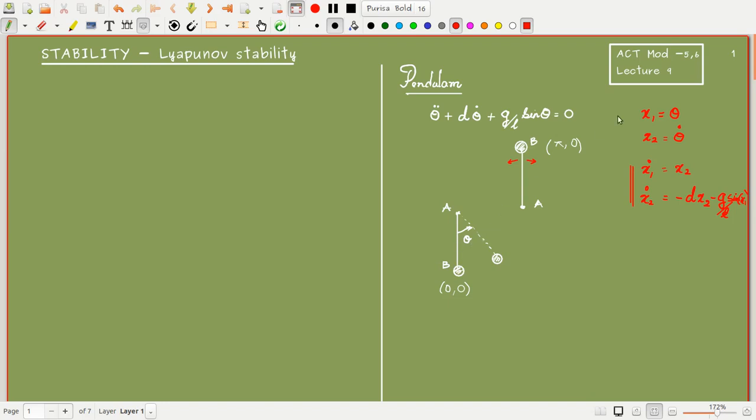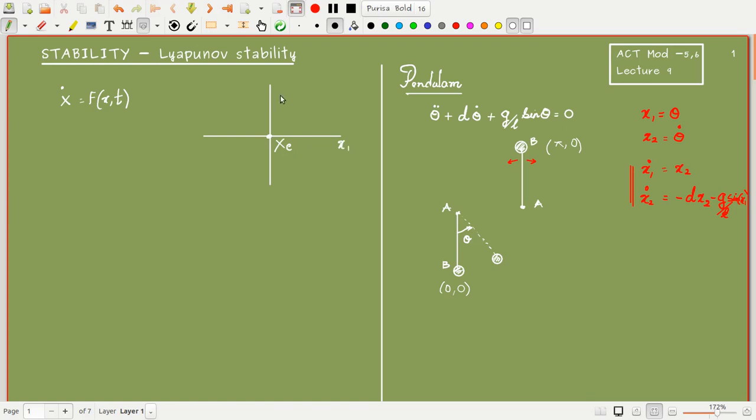Okay, so in general, we can write x dot is equal to f of x comma t. This is the state equation for any system. This f of x comma t can be a nonlinear equation. So that means that if I am having an equilibrium point xe over here, let me put it here.